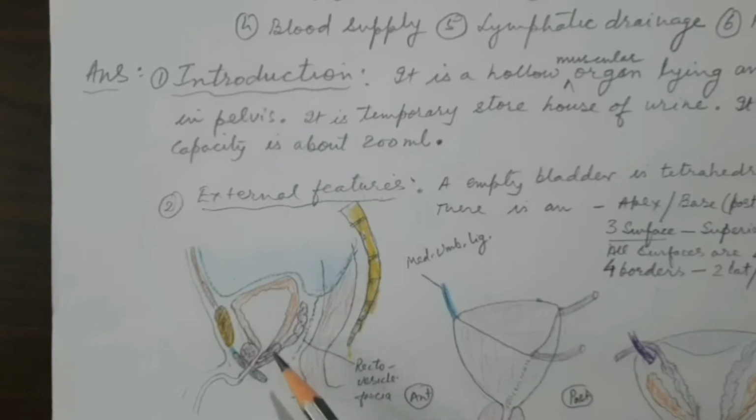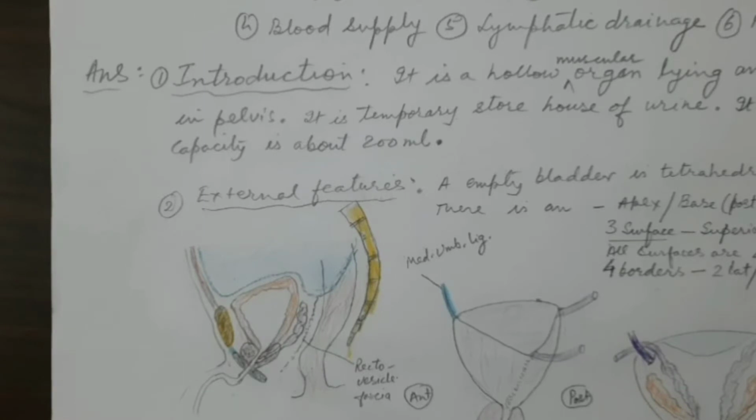Its capacity is usually about 250 milliliters of urine. When that much gets collected, the person feels, and usually goes, for micturition or passing the urine.